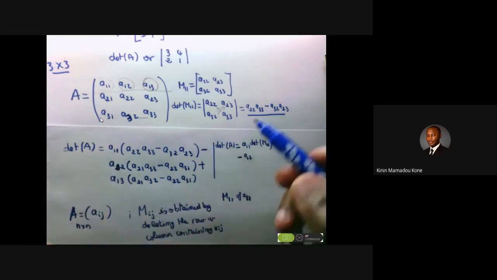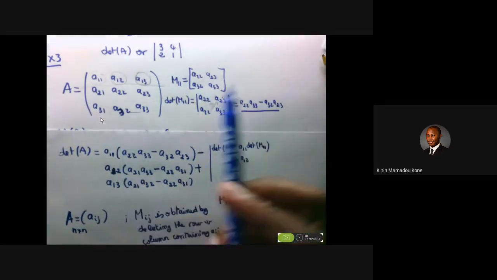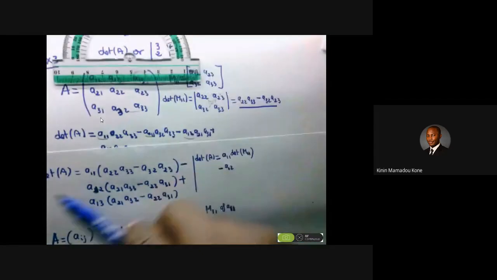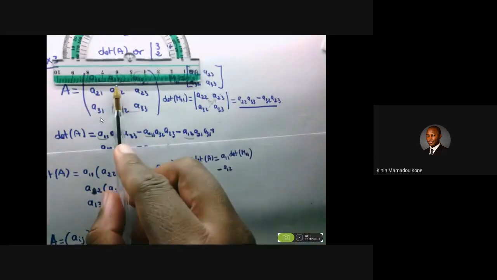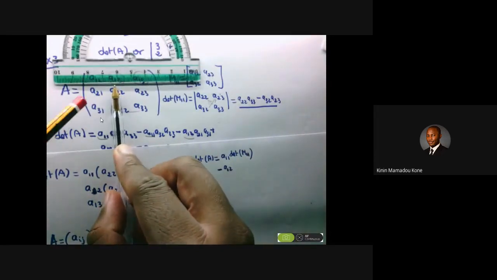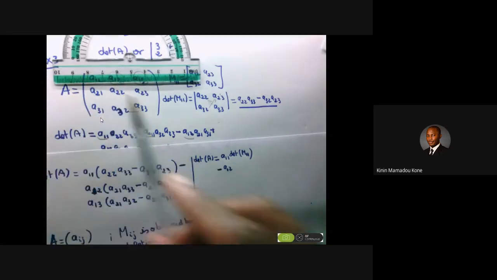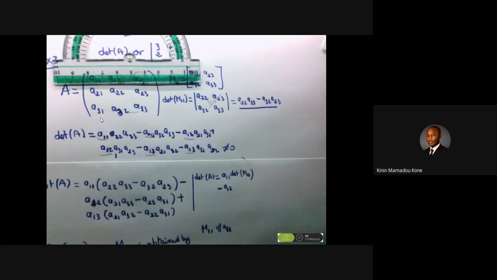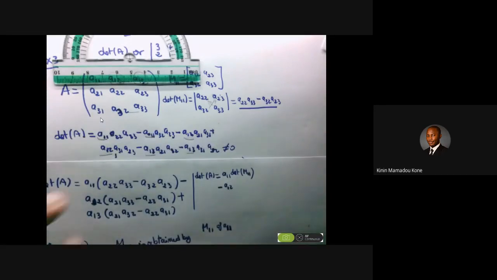Let's look at the matrix obtained by eliminating the first row and the second column. That matrix is formed with these entries. Let's call that matrix M12.